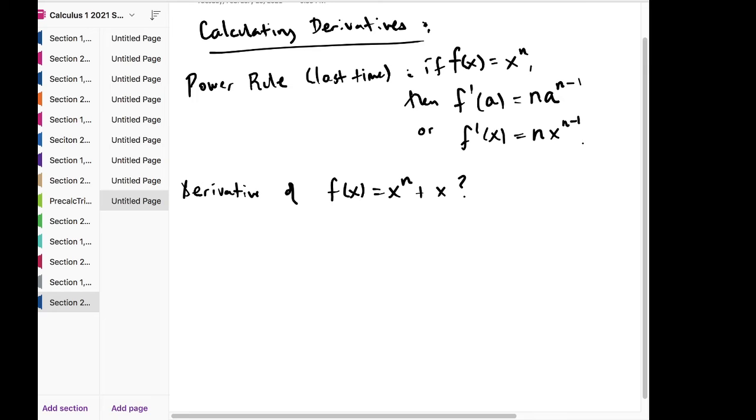However, it would be really nice if there was a rule. I probably don't want to use the limit definition every time. So as a motivator, we're going to prove this derivative law, the sum law.